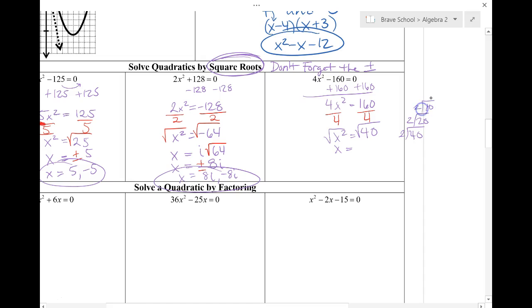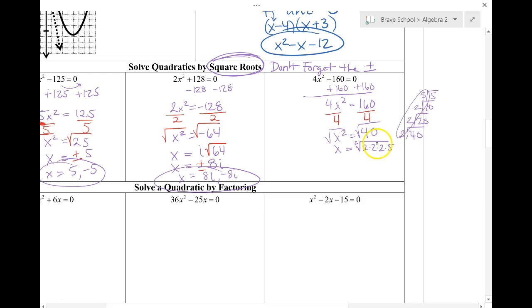Divide by 2 again. I get 5, and the last prime number I can divide is 5. So my factors are 2, 2, 2, and 5. So what I've got here is the square root of 2 times 2 times 2 times 5. Now remember, the index there is 2.